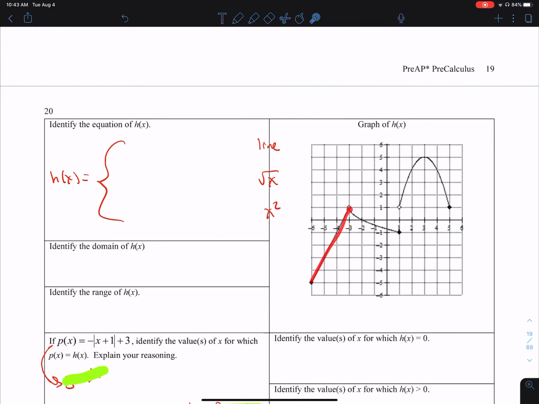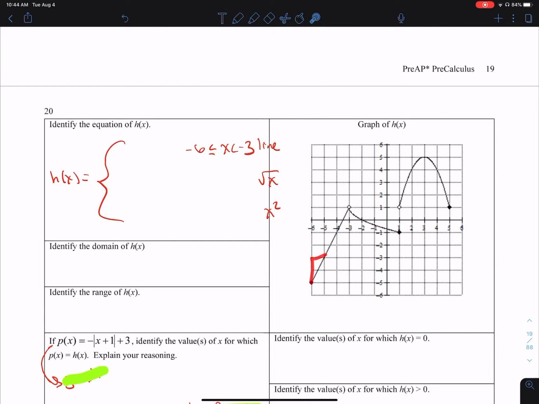So for this line, what's the domain? It goes from -6 to -3. It's not included at -3. Then we got to figure out what the equation is for this.